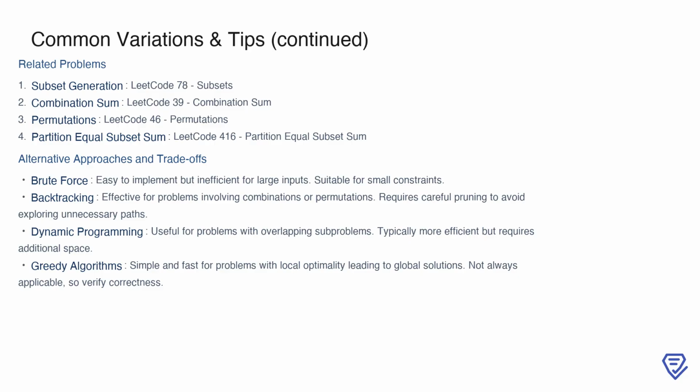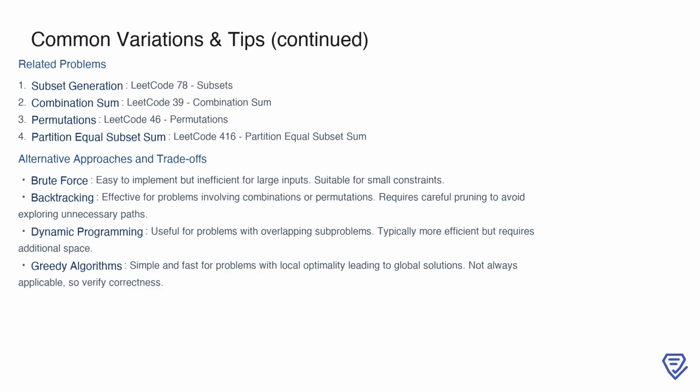When considering alternative approaches, brute force is often the simplest to implement but becomes inefficient for large inputs. It's a good starting point for small constraints but not scalable. Backtracking, on the other hand, is highly effective for problems involving combinations or permutations, though it requires careful pruning to avoid unnecessary computations.